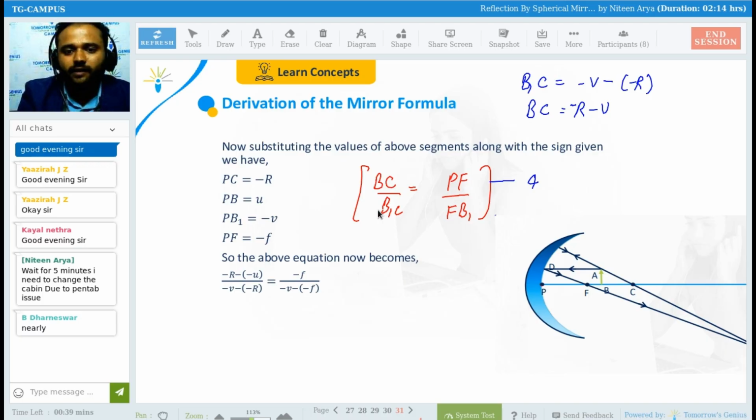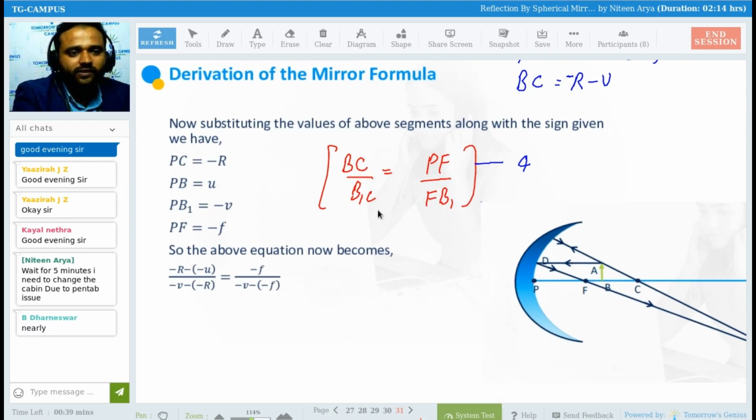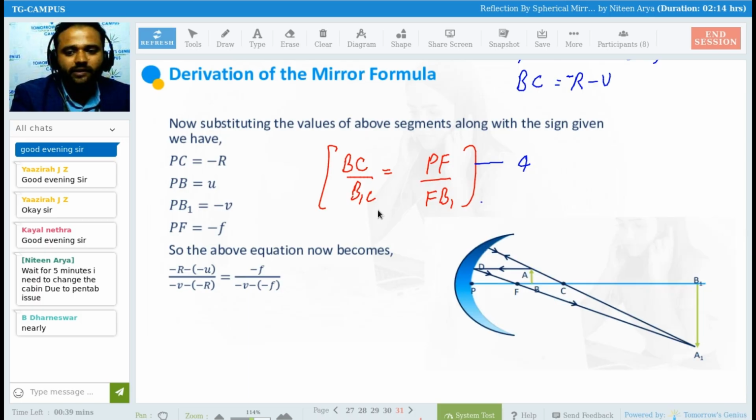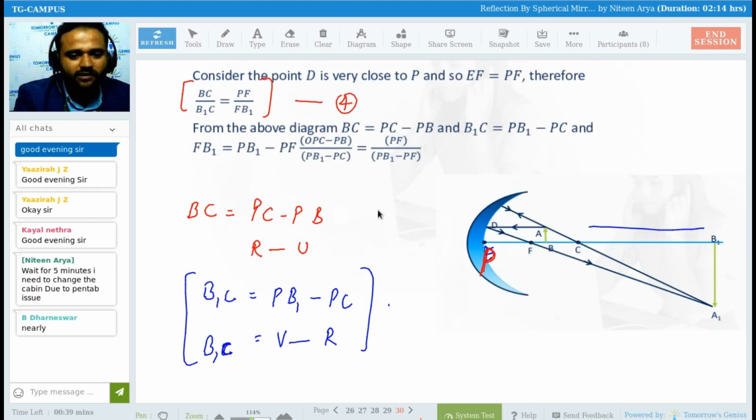It is written over here. And then what is FB1? Wait, from here you can understand. FB1 is the distance PB1 minus PF.